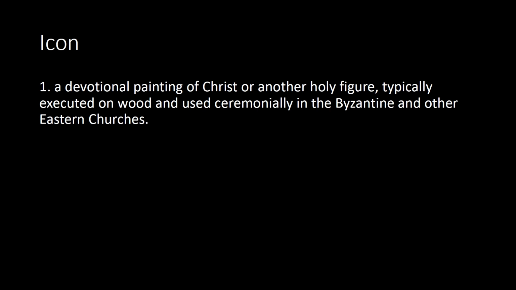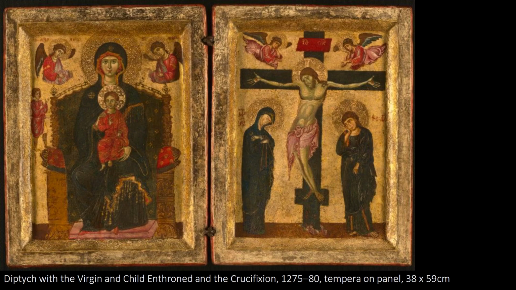So we're going to start with the icons. The word icon comes from a devotional painting of Christ or another holy figure, typically executed on wood and used ceremonially in Byzantine and other Eastern churches. So the word icon comes from this religious context, but of course the word icon has come to mean other things.